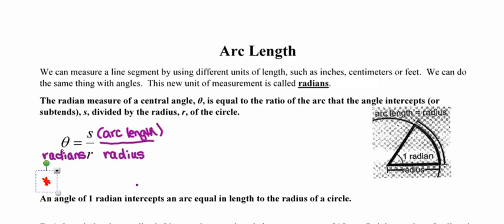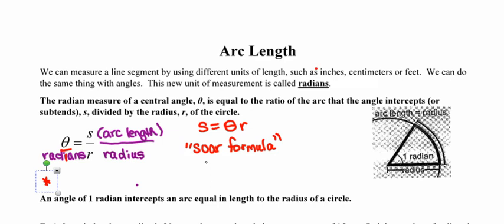I like putting this over 1 and cross multiplying so that when I cross multiply in the first direction I get s, and when I cross multiply in the other direction I get theta times r, because I call this formula the SOHR formula. Yes, it's a little corny. Yes, it's a little bit dorky, but it does help me remember the formula.